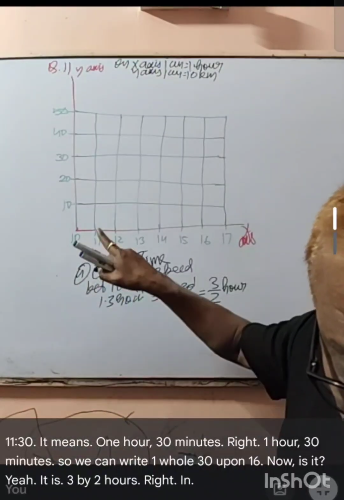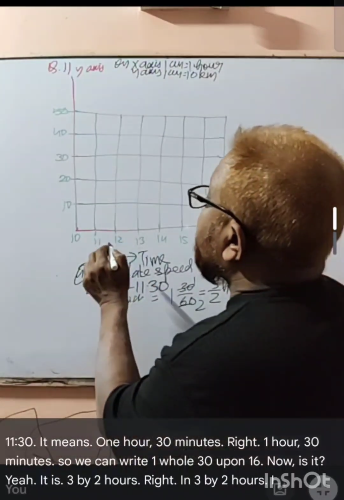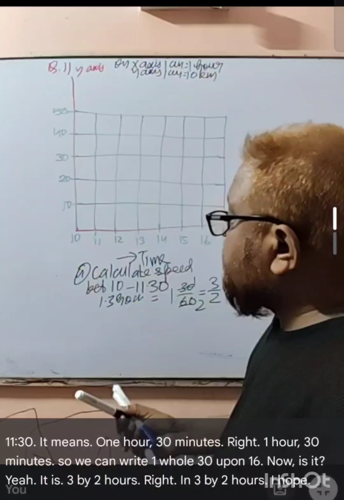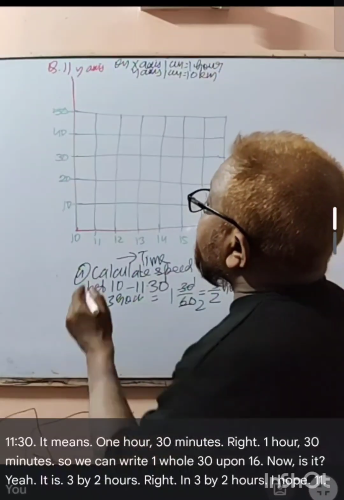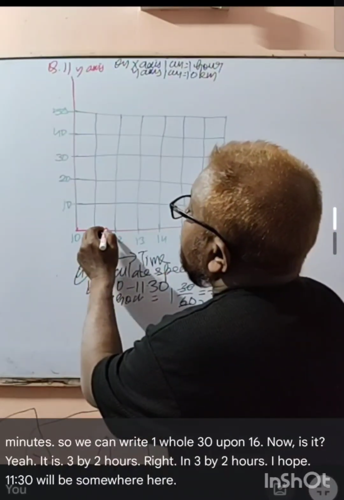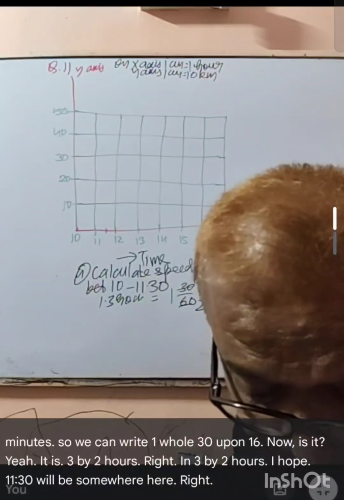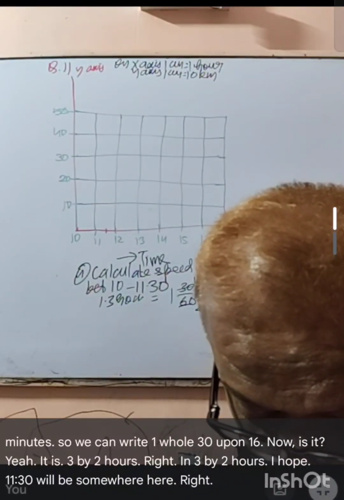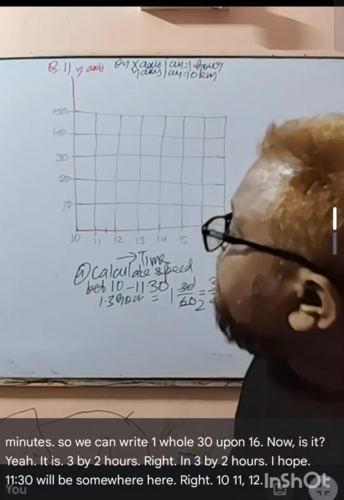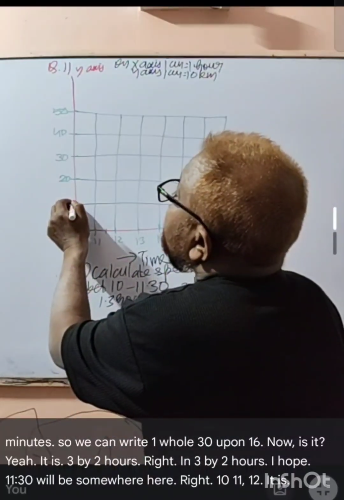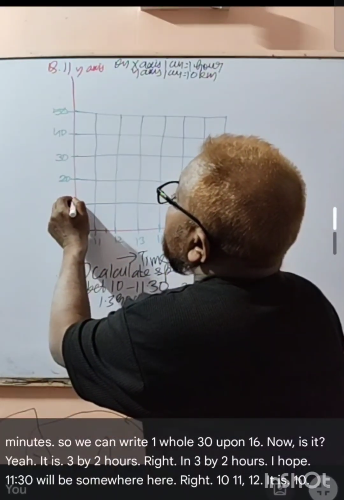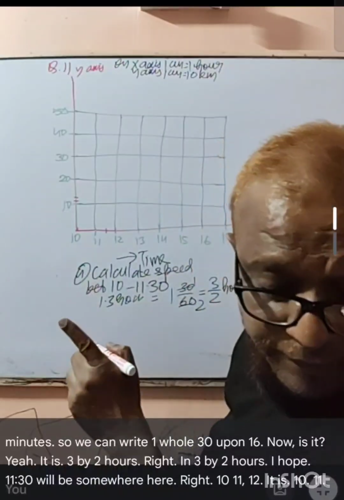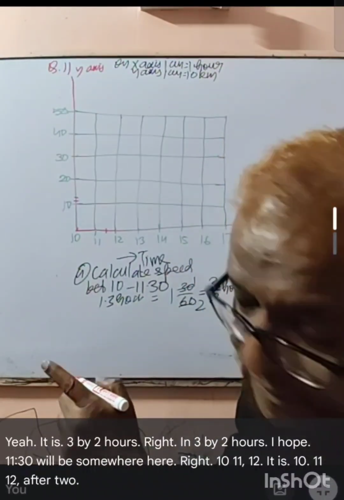In 3/2 hours, 11:30 will be somewhere here. 10, 11, 12. After 2 lines it is meeting.